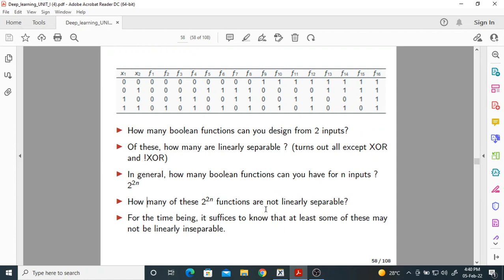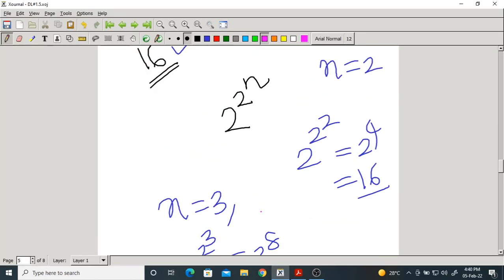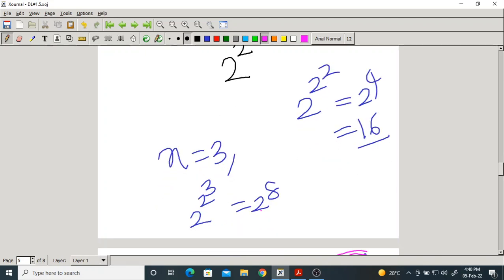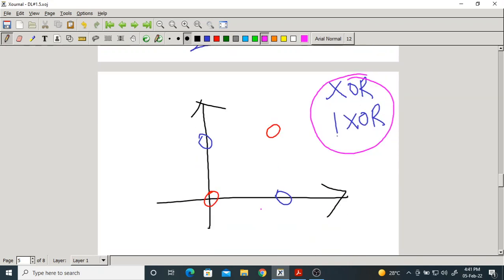Suppose in general, for n inputs we have 2 power 2 power n Boolean functions. Among them, how many are not linearly separable? You would find that out. But obviously some of them are not linearly separable.